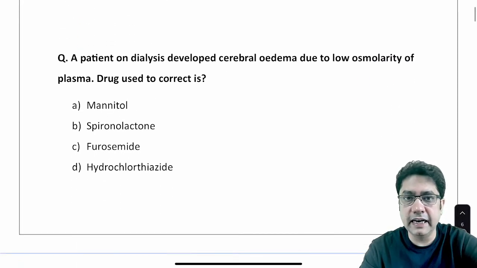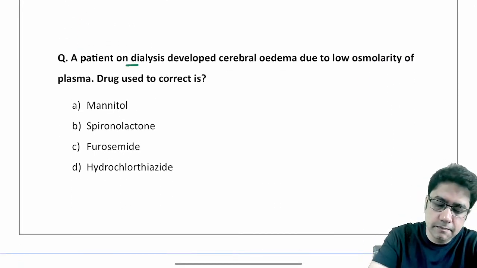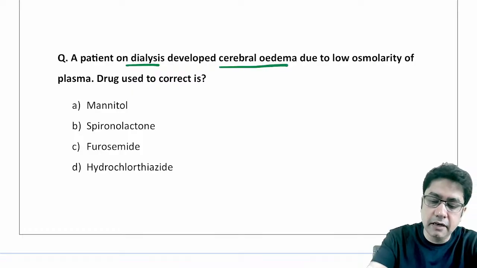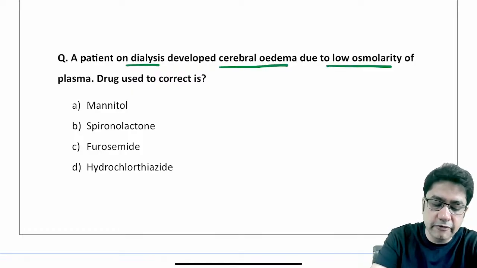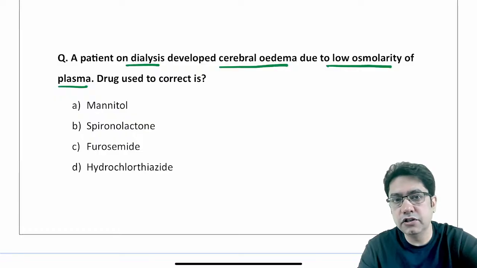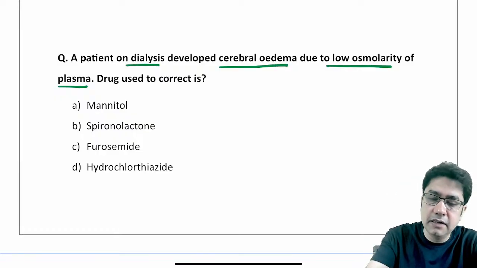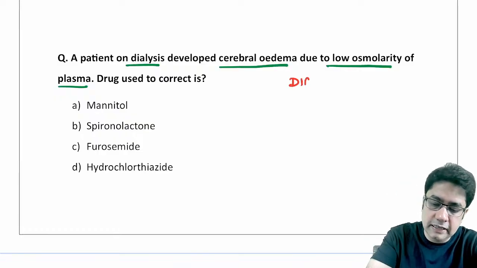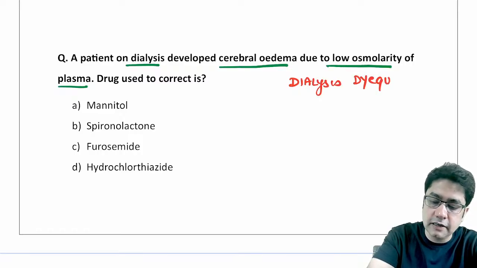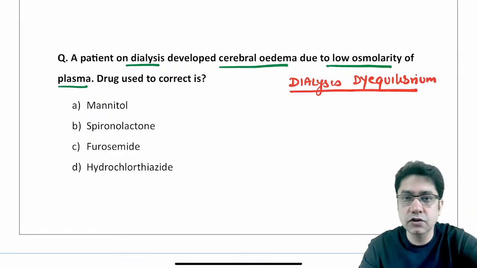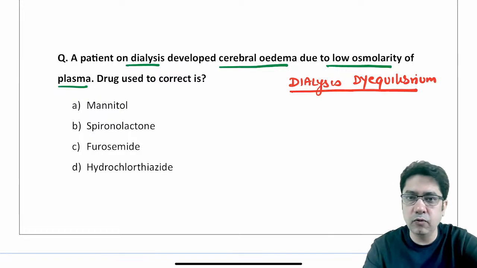So a patient on dialysis developed cerebral edema due to low osmolarity of plasma. What is the drug used to correct it? Remember, this condition is known as dialysis disequilibrium. So what happens in dialysis disequilibrium?